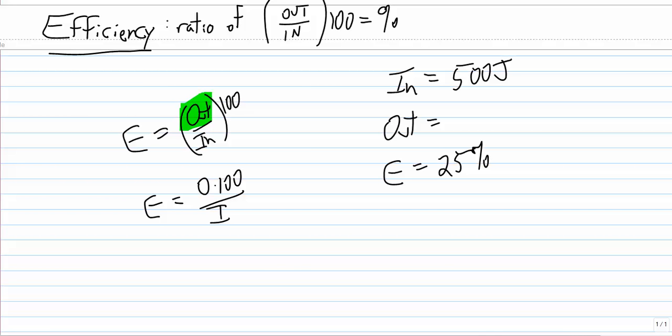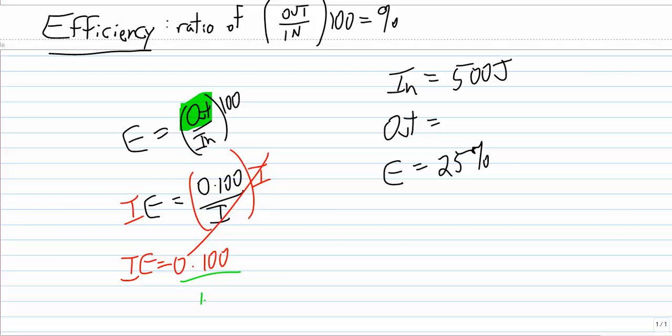So I am going to get rid of this divided I. I'm going to multiply both sides by I. So I times E equals O times 100. And I'm trying to get the O by itself. So now I've got this multiplied 100. So I'm going to divide both sides by 100. Cancel it out there.